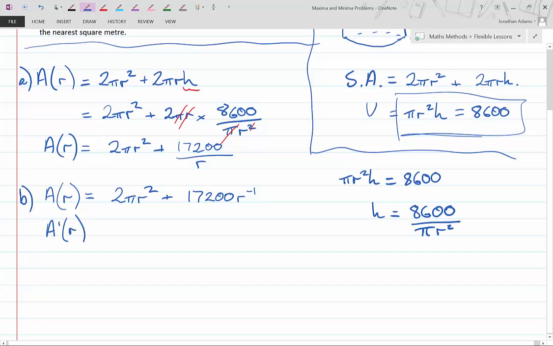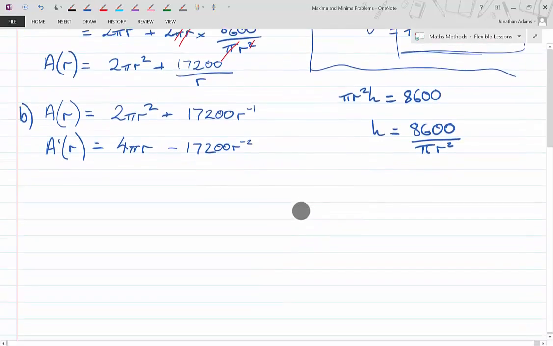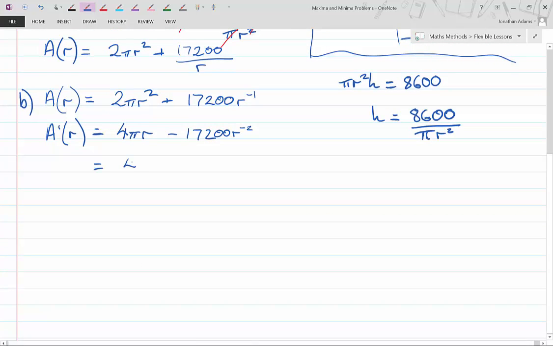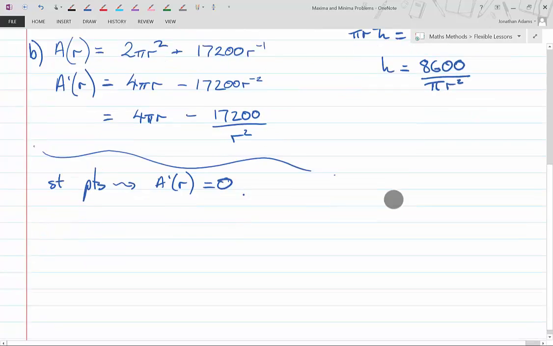So A dashed is 4 pi r, then bring the power down and reduce it by 1. We want to set this derivative equal to 0, since stationary points occur when the derivative equals 0.